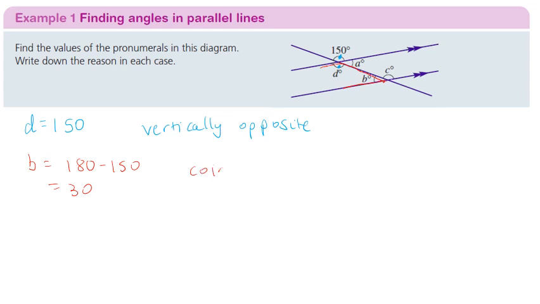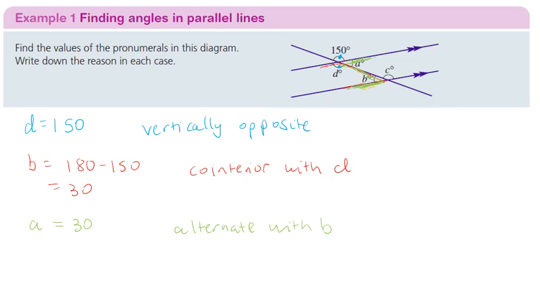So it was co-interior with D. Okay, next I can see that A and B make a Z shape. So that's alternate angles, which are equal. So A is 30, alternate with B.